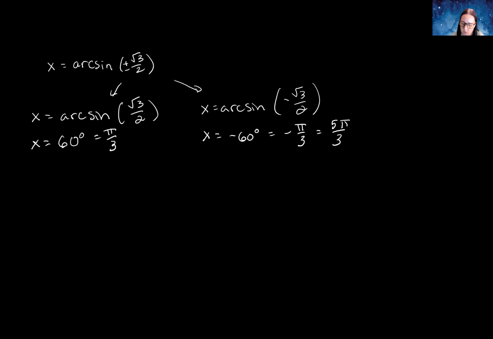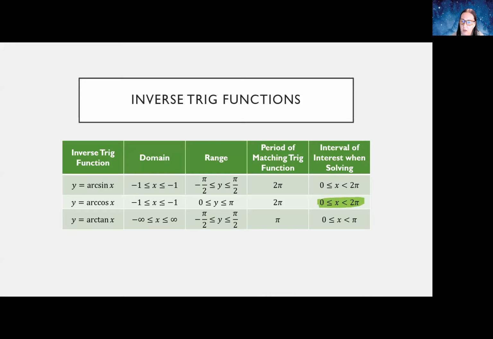And it makes sense because if you go back here, our range for arc sine is between negative pi over 2 and pi over 2. So your calculator is going to output an answer within only that range, and then you need to figure out what other values fit this.